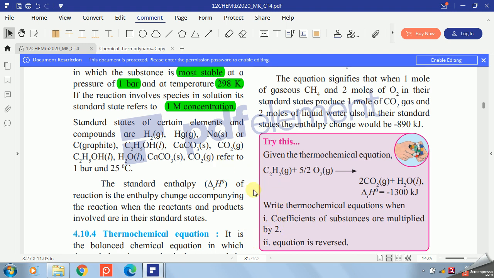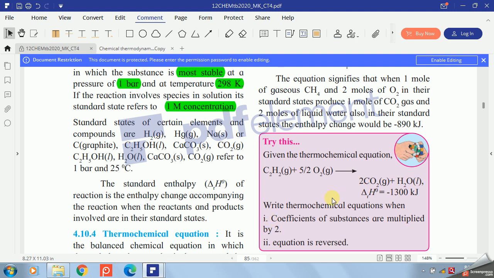Now multiply this equation by 2 and write down the reaction. So what do you write? 2C2H2 plus, 2 into 5 by 2 means 5 O2, gives 4CO2 plus 2 H2O. Then multiply this value also by 2, so it becomes minus 2600 kilojoule.